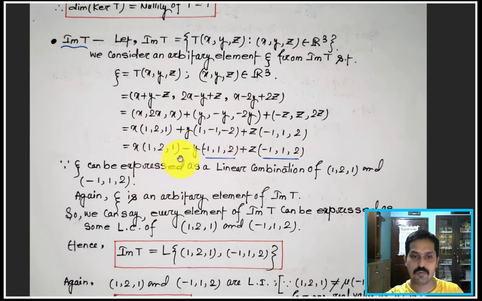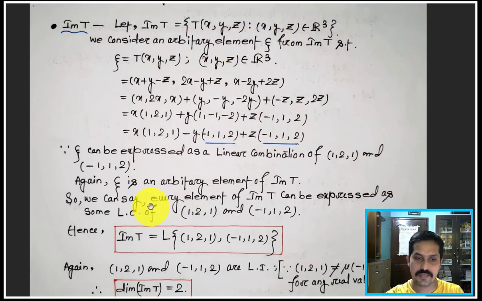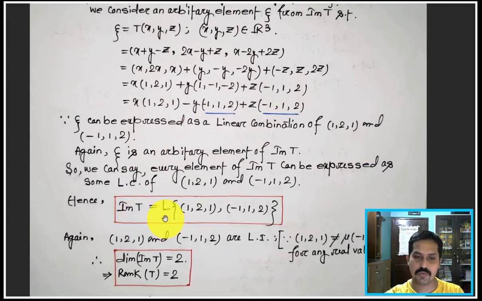In other words, (1, 2, 1) and (-1, 1, 2) span the set Im T. That is, Im T equals the linear span of (1, 2, 1) and (-1, 1, 2). So we have the image of T.